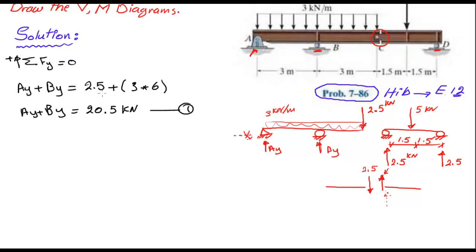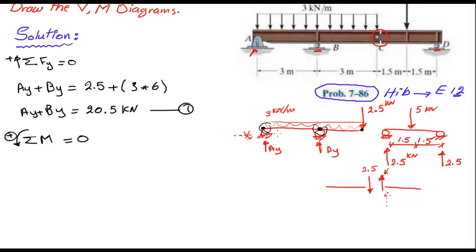And the third one is the summation of the moments about a point, and let me assume that this is my positive direction, should be equal to 0. So now I need to take the summation of the moments about any point on the beam. One of the best points is this and this. Why? And of course this one, because, well, let me take this back. These are better actually.